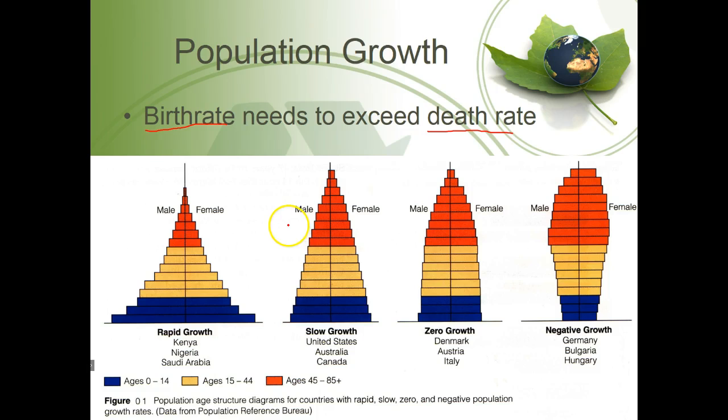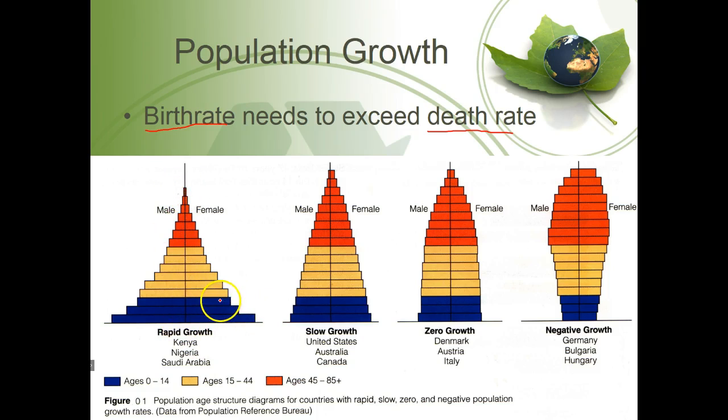Now, we have different types of growth in populations, in rapidly growing countries that maybe aren't as developed. Okay, in the more non-developed countries like Kenya, Nigeria, Saudi Arabia, population is growing very rapidly, and you can see that's more of an exponential growth, right?